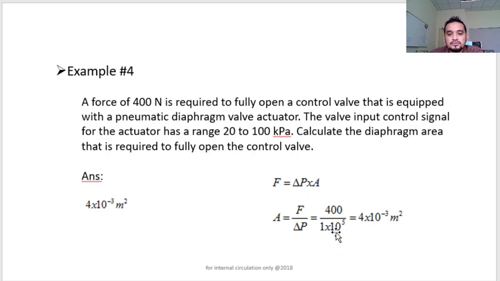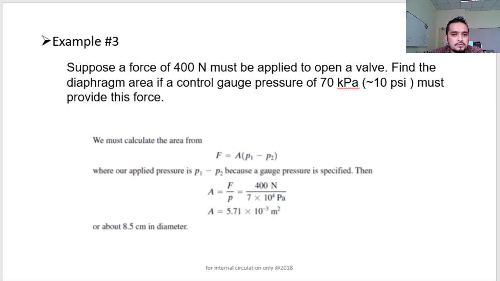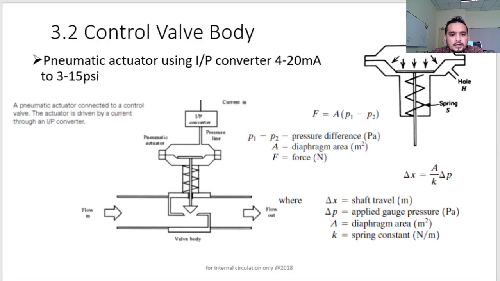So that's why we use the 100 kilopascal. If written in the SI unit, it will give you this one. Okay, I think that is more or less how we use this formula, examples 1 and 2.